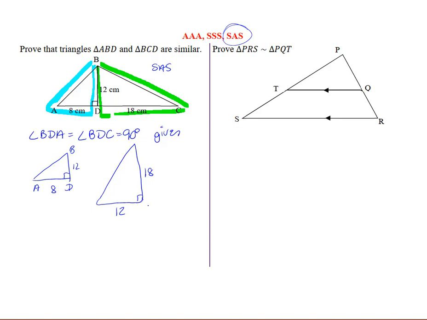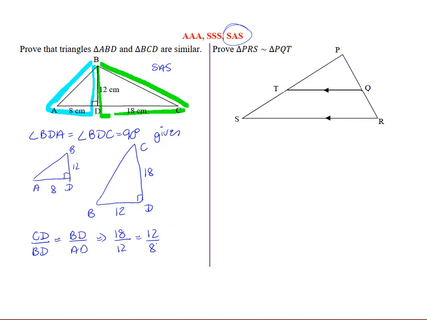So this is D, this is C, and this is B. For it to be similar, my sides have to be in the same ratio. So that means CD over BD has to equal BD over AD. So let's work that out. 18 over 12 has to equal 12 over 8.